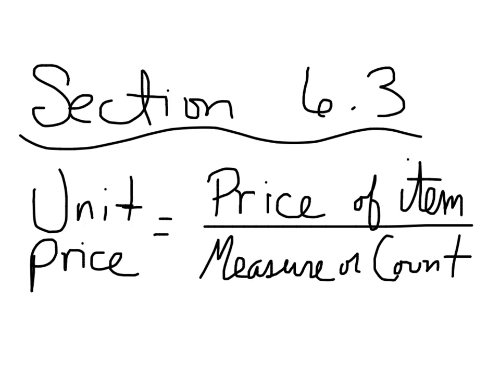Count would be like if you bought 20 plastic storage bags; the count would be 20, because you have 20 of those. Or a 12-pack of Gatorade. Then you divide by that many. You may have to carry the unit price past the nearest penny in order to compare which one is cheaper.